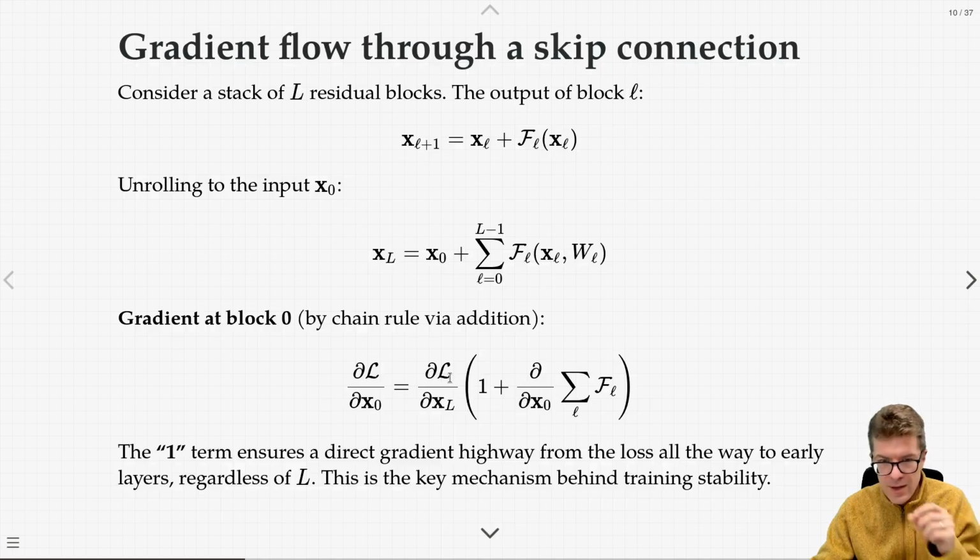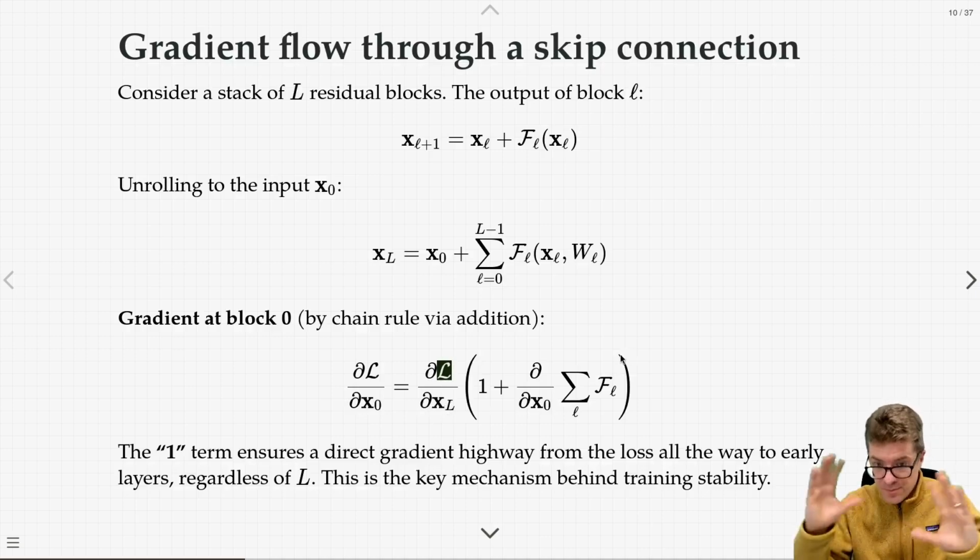It's a product of the loss with regards to the output of the big L block times this. This function is the derivative of X sub big L with regards to X sub 0, which we've just defined a moment ago to be this function over here. So the derivative of X sub 0 with regards to X sub 0 is just 1, so there that is.